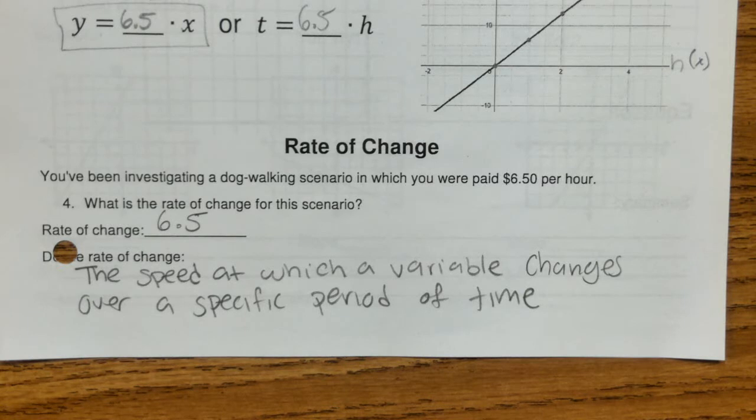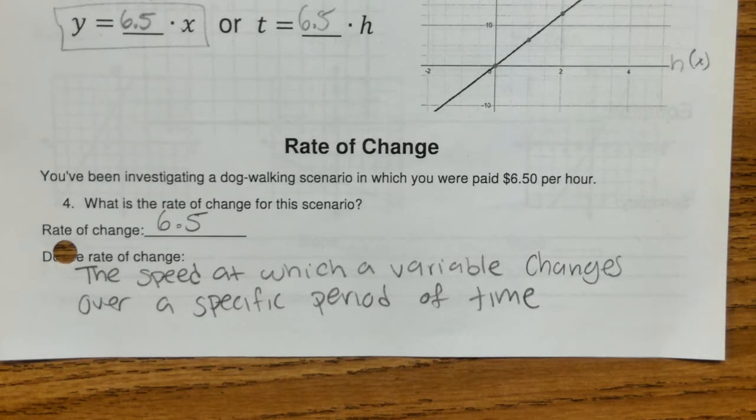No one wants to share a definition for rate of change? Okay, Beatrice, what'd you get? Okay. How much your total amount changes by? What I would add to that is over a certain period of time.